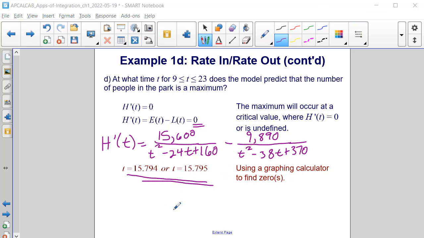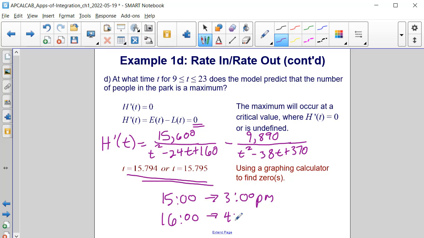And this actually means that at about the 1500th hour, or I'm even thinking closer to the 1600th hour, it's between 3 p.m. and 4 p.m. that this maximum value occurs.